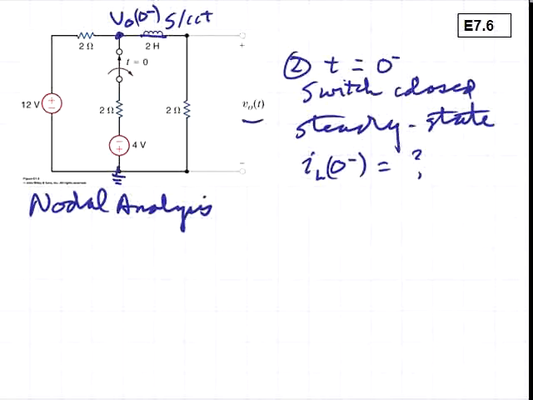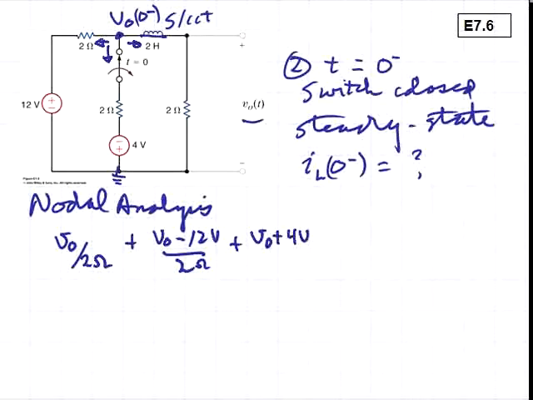Summing currents at that top VO node, we'll have VO divided by 2 ohms for the current flowing downward through the right-hand 2 ohm resistor, plus VO minus 12 volts divided by 2 ohms, the current flowing into the 12 volt source, and then plus VO plus 4 volts for the current flowing into the negative 4 volt source divided by 2 ohms, and this is equal to 0.